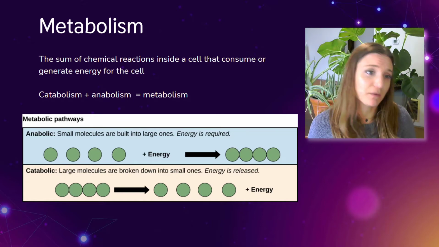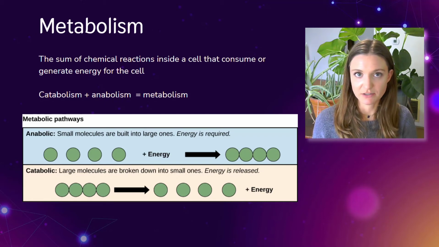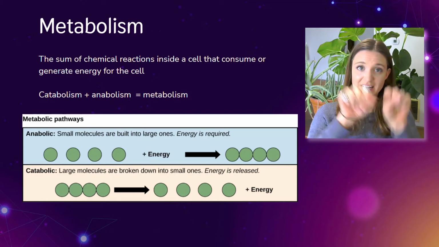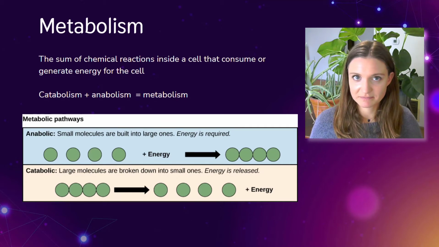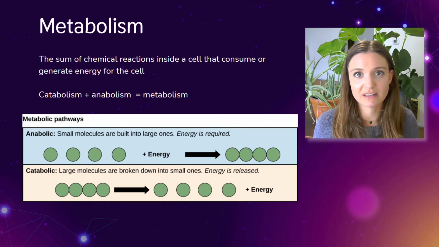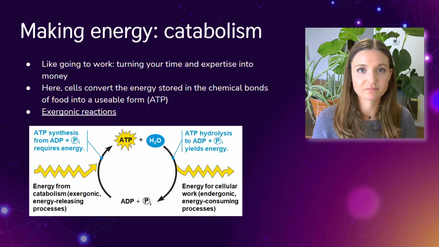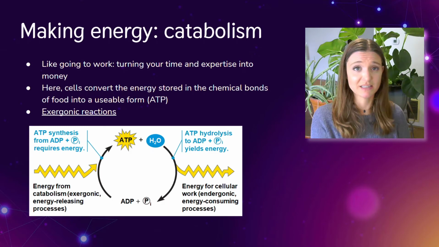Catabolism or catabolic processes create energy or release energy for the cell to use. So these are typically taking larger molecules and breaking them apart. Okay, so all of those different types of reactions happening within a cell, all of those combined together are what we call metabolism. So cells make energy through the process of catabolism.